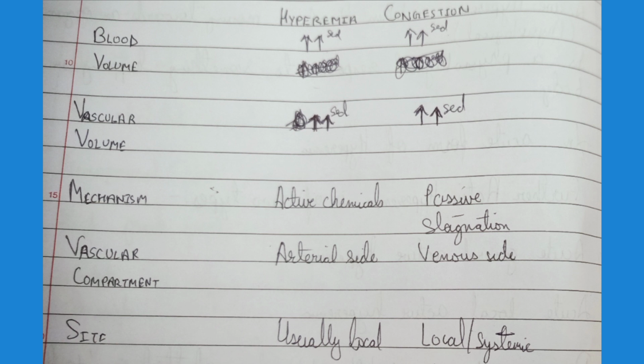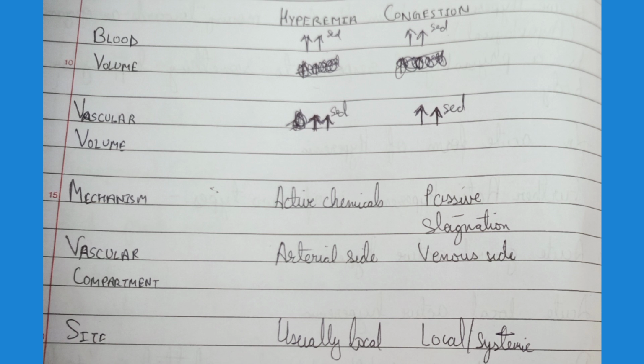Firstly, blood volume is increased in both, vascular volume is increased in both. The mechanism of hyperemia is active chemical and the mechanism of congestion is passive stagnation. The vascular compartment of hyperemia is the arterial side, whereas for congestion it's the venous side. The site of hyperemia is usually local and the site of congestion is local or systemic.